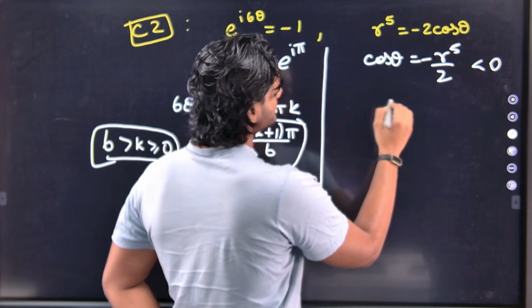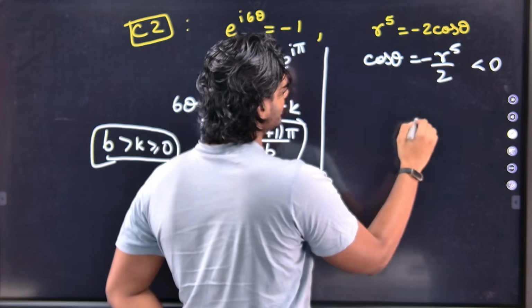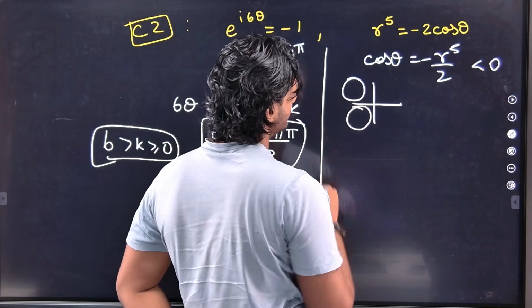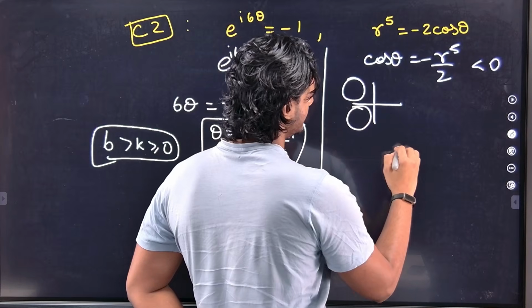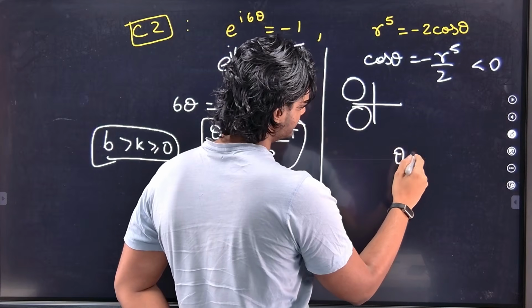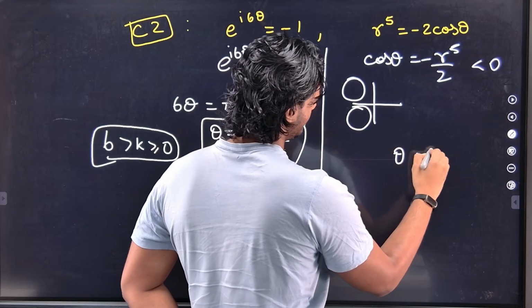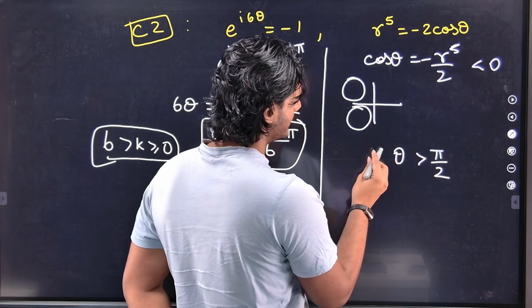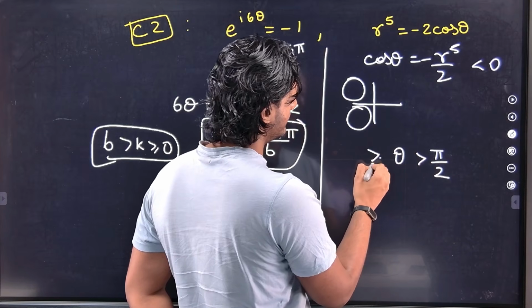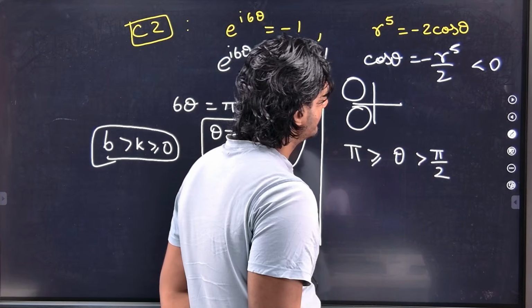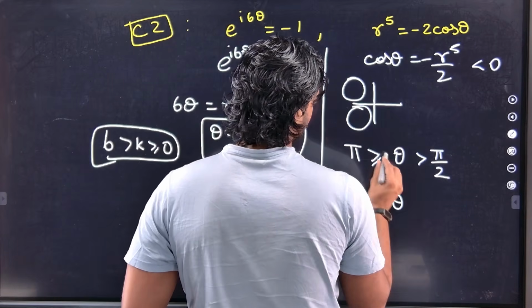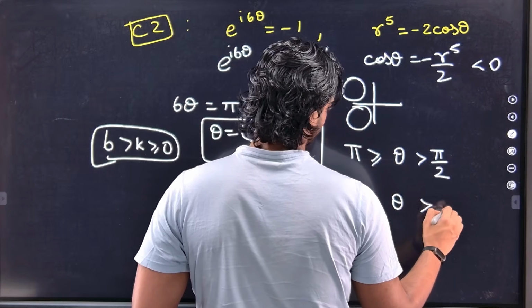So cos theta is negative in these two, right? That means either theta is greater than pi by 2, because at pi by 2 it is 0, greater than pi by 2 and less than or equal to pi, or theta can be greater than pi.